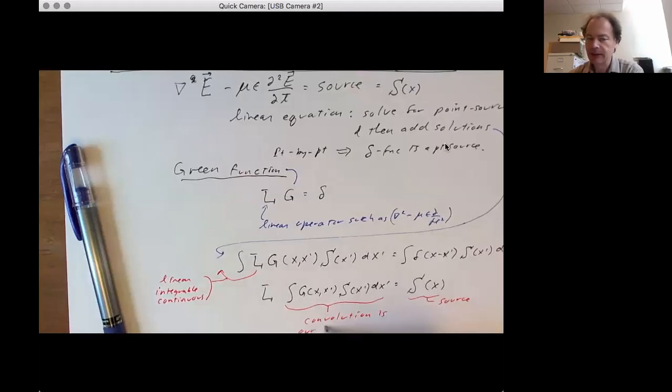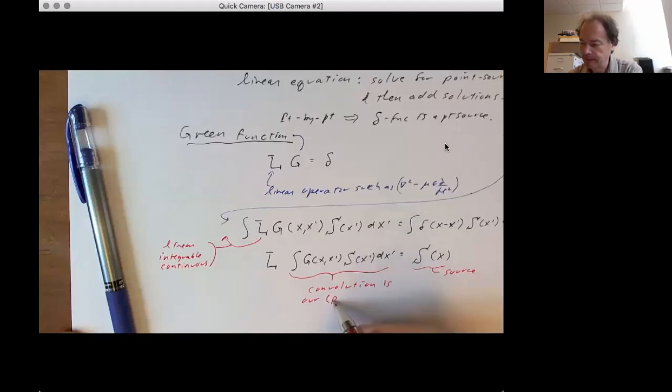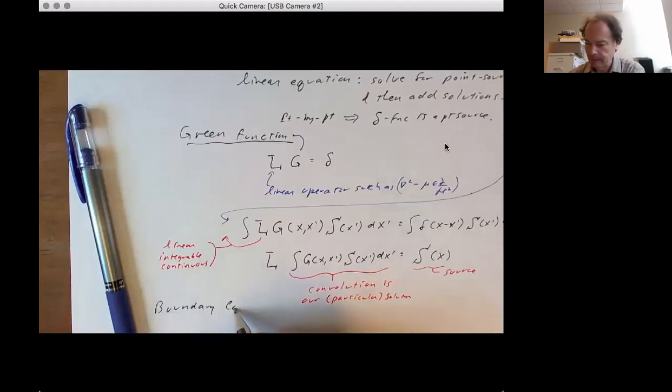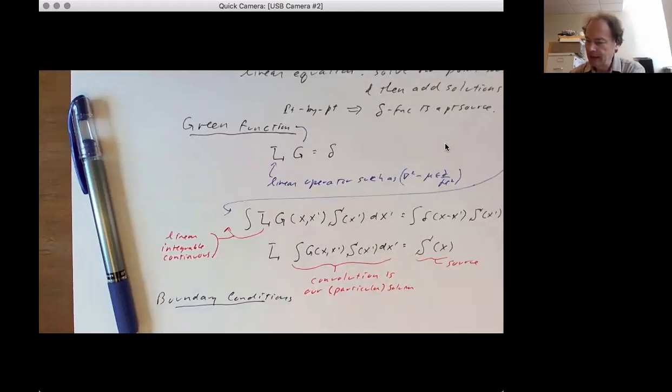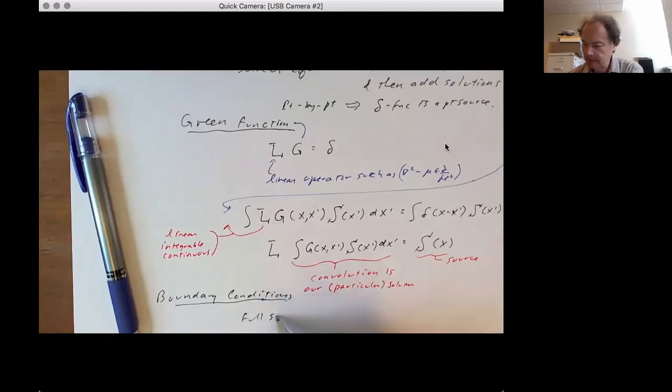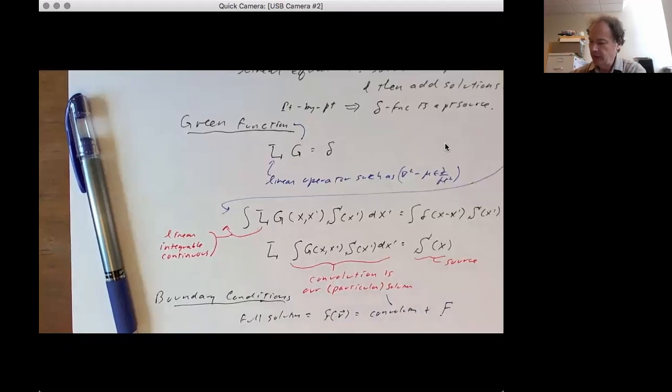Sorry, and I'm going to put in parentheses here a particular solution. Now, when we think about boundary conditions, we take our full solution, which is equal to some function f of r, equal to the convolution, which is the particular solution, plus a capital F, which is our homogeneous solution.